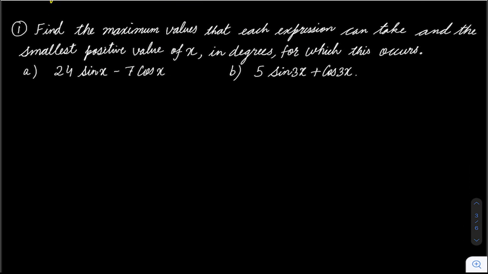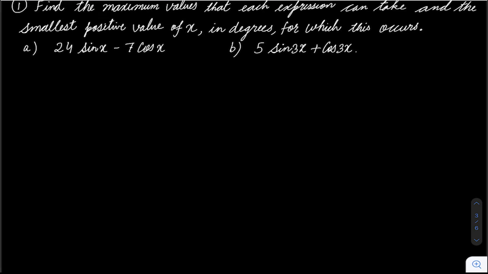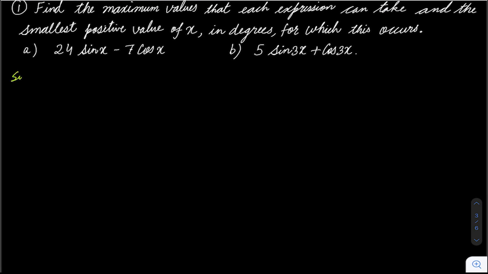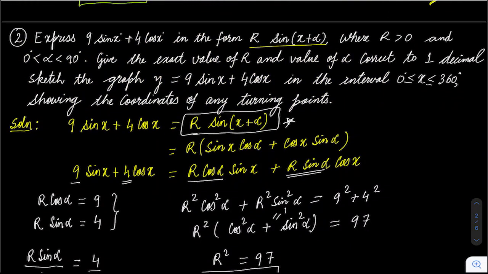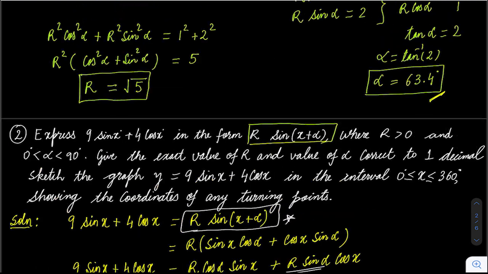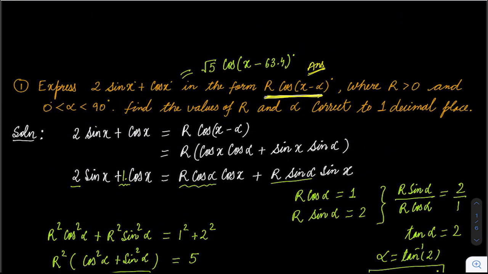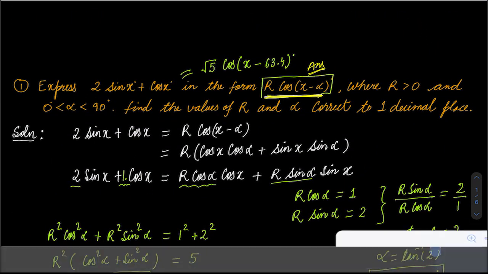So our first expression is y equal to 24 sin x minus 7 cos x. Now, the first problem that students will face, I know most of you will face, is see in the previous video, we have seen questions in which they will specify you, okay, write in this form r sine of x plus alpha and write in this form r cos of x minus alpha.